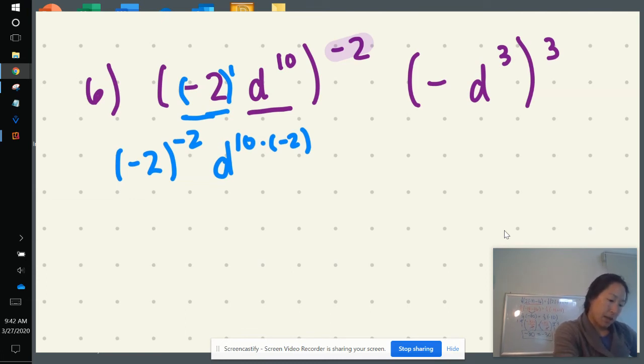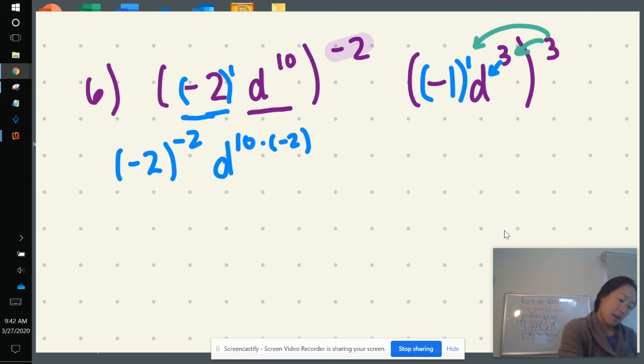We technically have a negative 1 inside here being raised to the first power. The 3 is only the d to the third power, only the base of d is being raised to the third power. So I'm going to distribute those to the powers, okay? And I get negative 1 to the 1 times 3 times d to the 3 times 3.